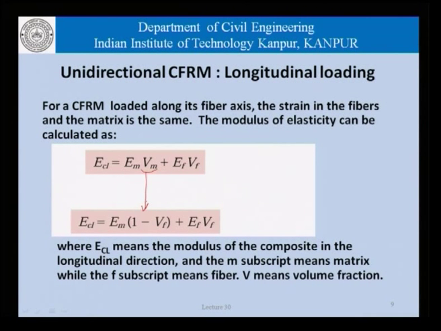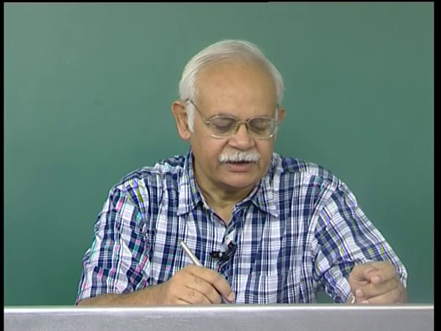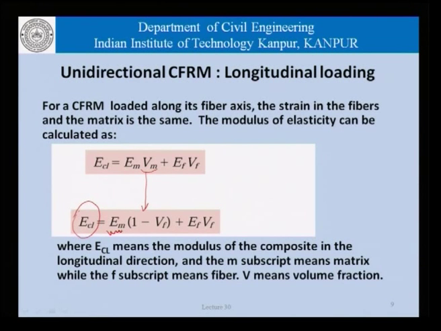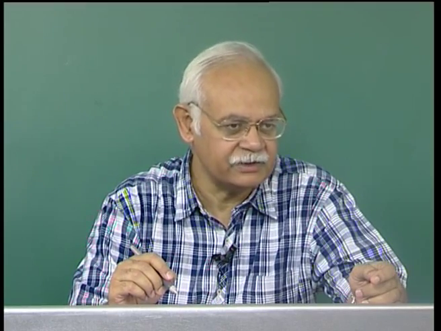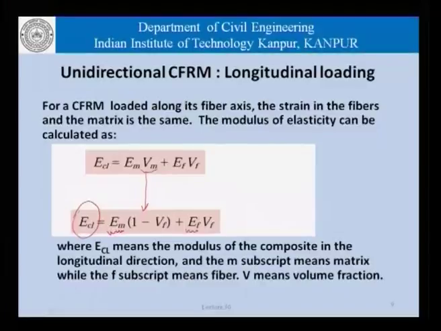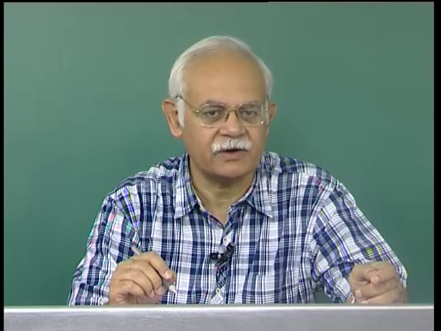So, naturally we can see that the property as far as the composite is concerned in the longitudinal direction is a function of the properties of the fiber and the matrix, that is the E of the matrix and E of the fiber, and the volume fraction of the matrix and the fiber.